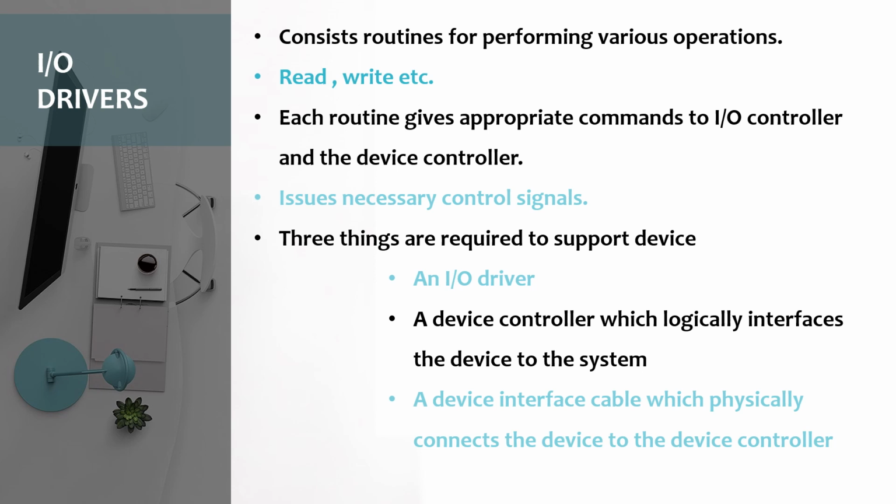So to communicate with each and every device internally, they need some path, some road, and that path is nothing but the cable or a bus. They always require a bus or a path to transfer and travel the data. Clear? So this is all about the IO drivers.